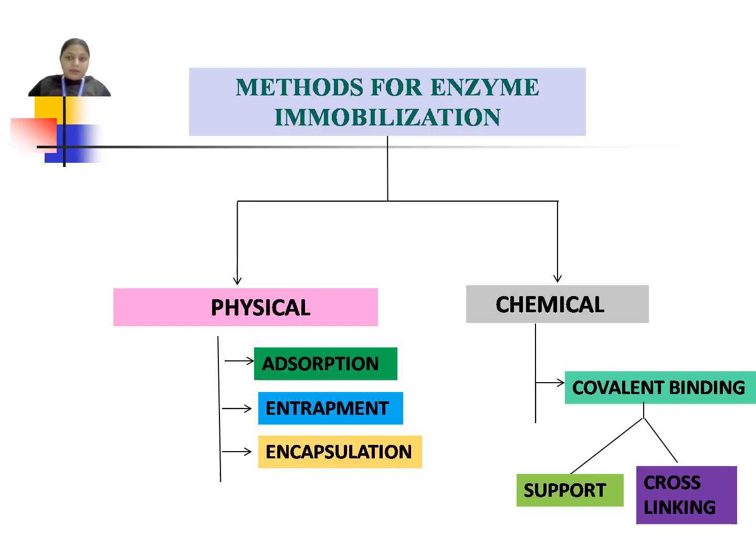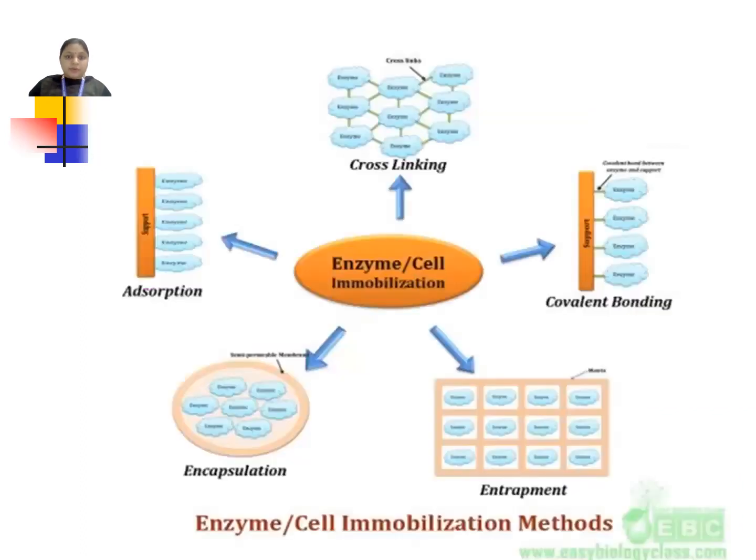In chemical, covalent bonding type of methods come, which is again divided into support type of covalent bonding and cross-linking type of covalent bonding. So these are the basic diagram of various techniques used in enzyme immobilization. This one is adsorption, covalent bonding, cross-linking, encapsulation, and entrapment.